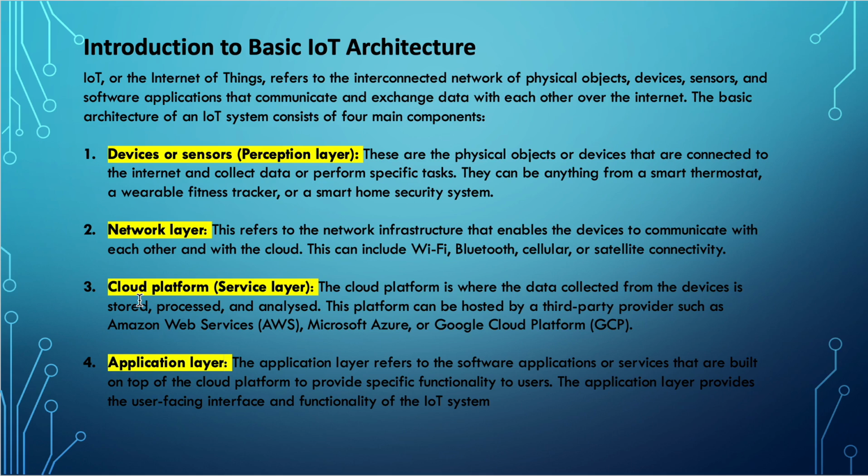And having these four together, you will be able to create an IoT system, and that system's architecture again would have these four main components. After this, we took an introduction to the basics of IoT architecture. The basics of IoT architecture simply includes these four layers, right?